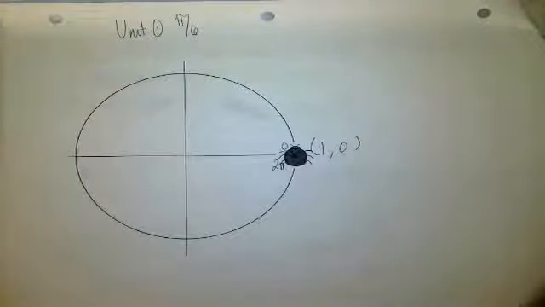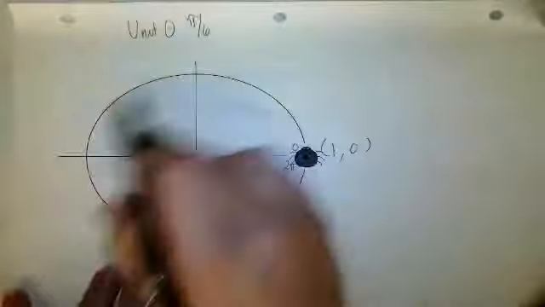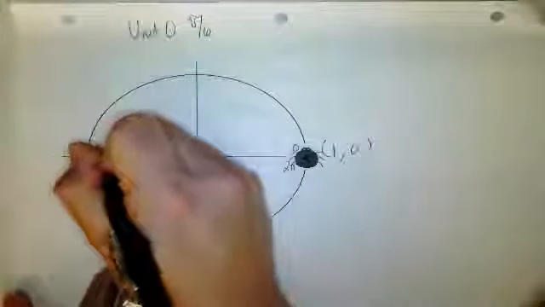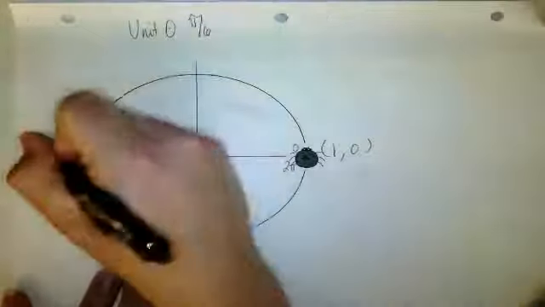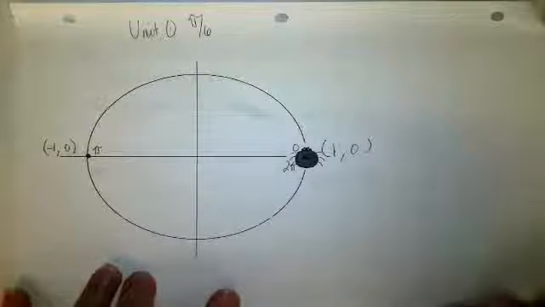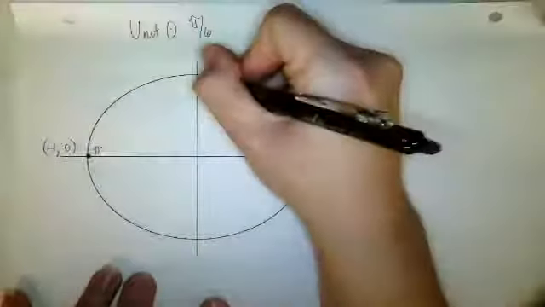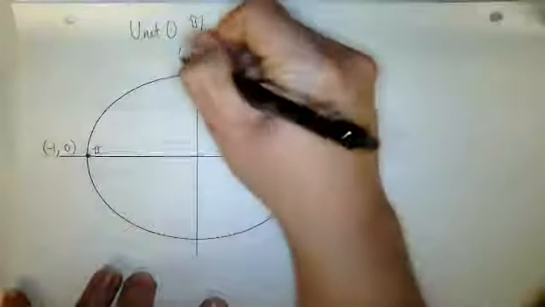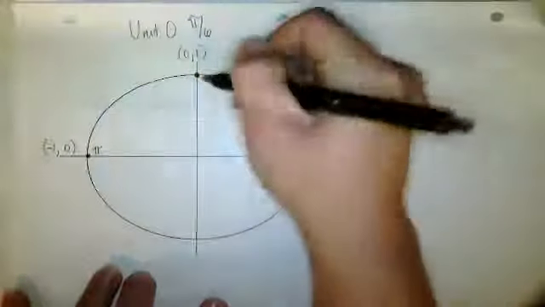All right, so my ladybug goes halfway around the circle, so she's traveled pi radians. Where? At -1, 0. Then she travels here, 0, 1. And how far did she travel to get there?